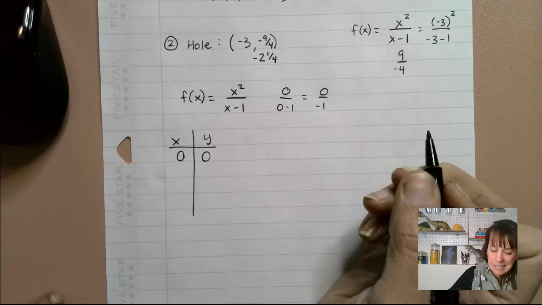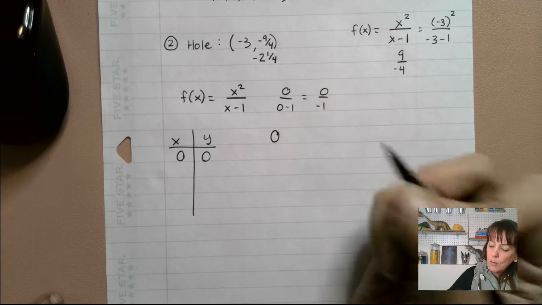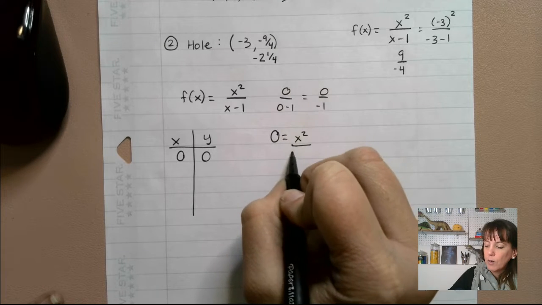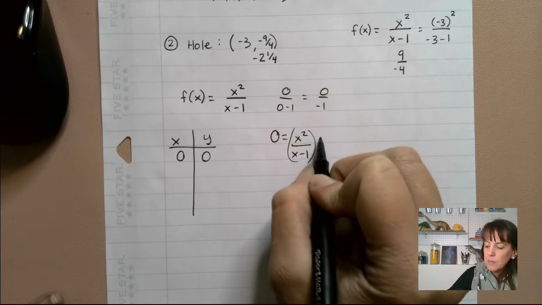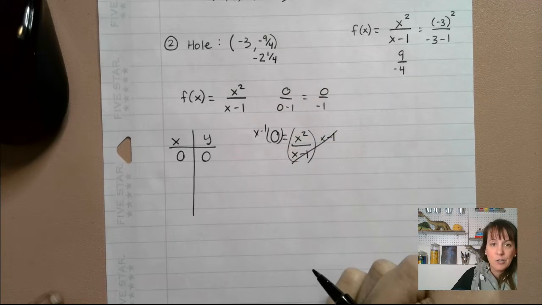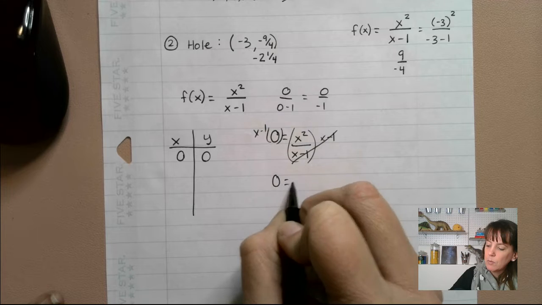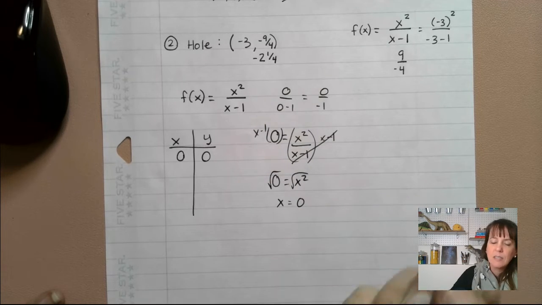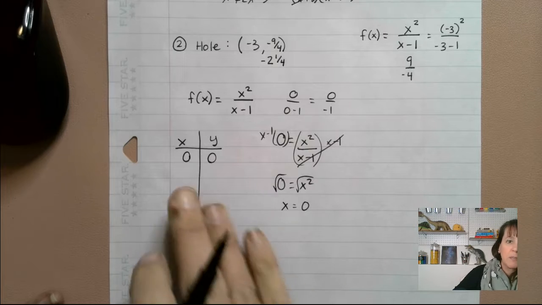It is 0. If I plug in 0 for y, I would get 0 equals x squared over x minus 1. Multiply both sides by x minus 1, and it doesn't even matter because that's just times 0. So we get 0 equals x squared, square root both sides, we get x equals 0. So when y is 0, x is 0, vice versa. So we found our intercepts.